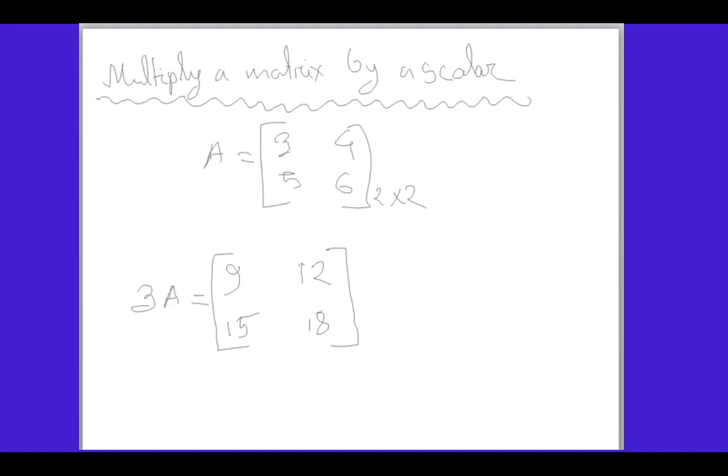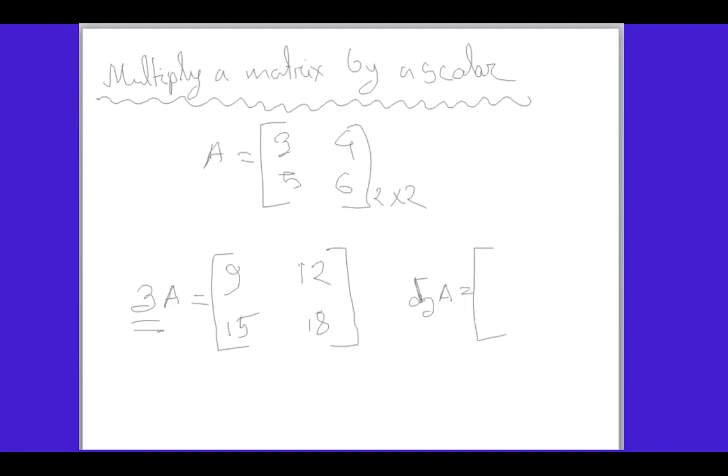So this is scalar multiplication of the matrix by a scalar. That means we have to multiply each element of the matrix with this number. Suppose we have to find 5A.